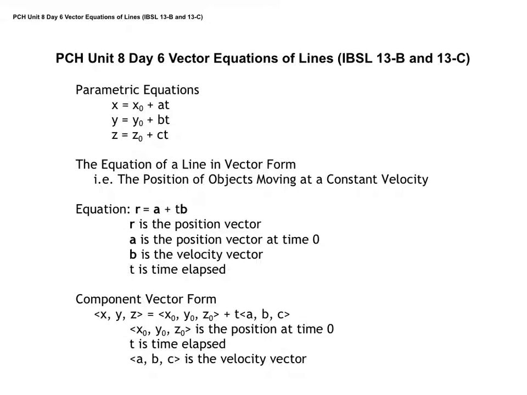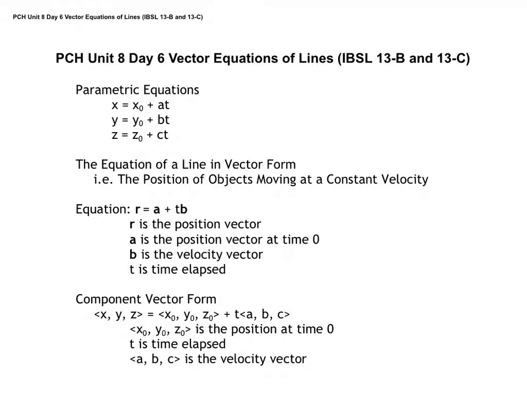All right, so like I said, we left off yesterday looking at the three-dimensional parametric equations, and like the other stuff we've done in 3D, it's just another equation, a z component.